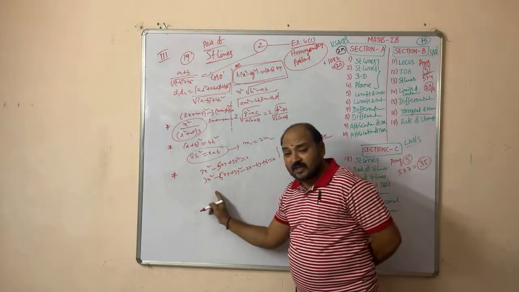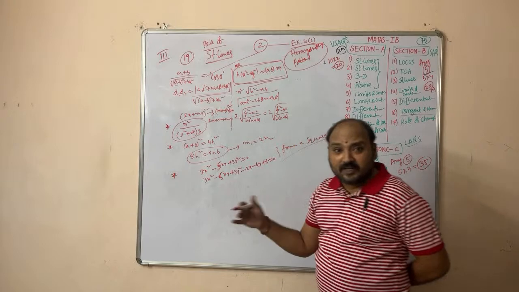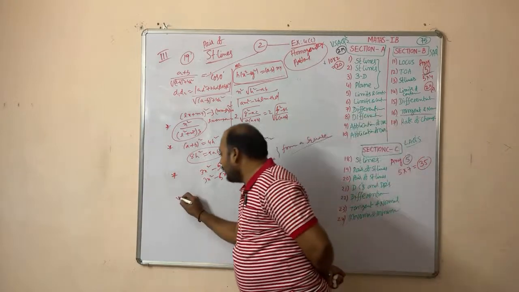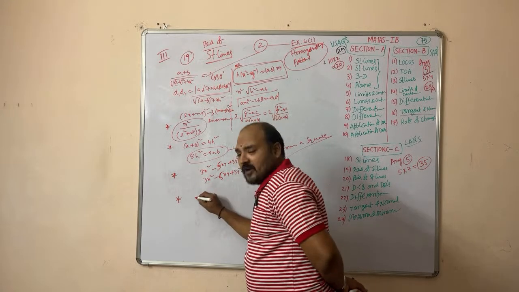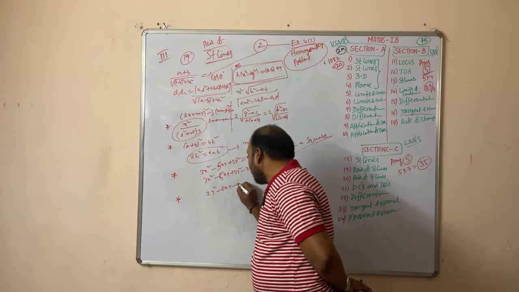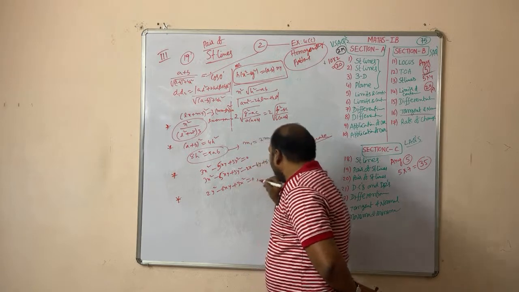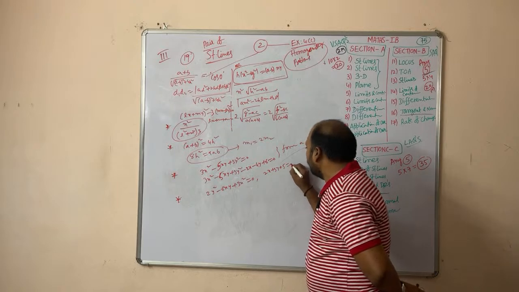This type of question is there in the exercise and examples, dear students. Keep in mind, we may expect. And in the 4A exercise, one pair of lines they will give, like 2y square minus 6xy plus 3x square equals 0, and another line also given, 2x plus 3y plus 5 equals 0.